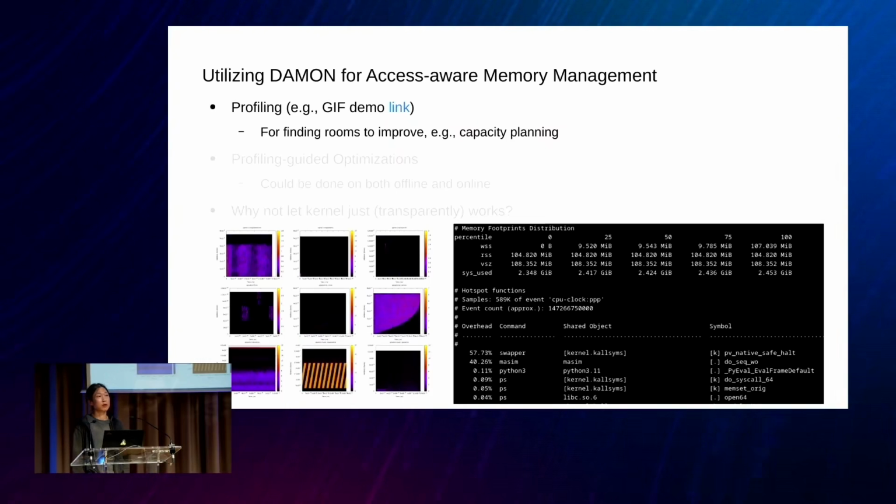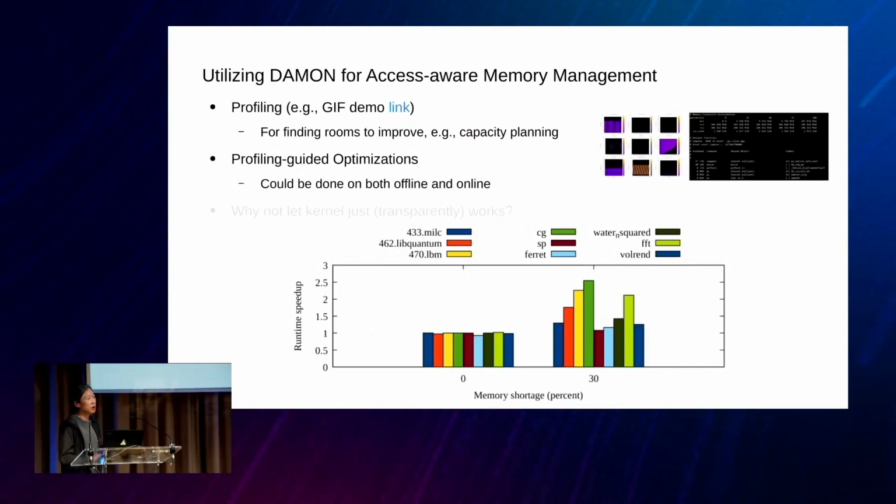What can you do? Like, what is the real working set size? Based on that, maybe you can modify the given size of the memory of the system or do some creative things. And also, you would be able to implement some kind of automated access-aware profiling-results-based optimizations in user space or somewhere that reads the monitoring results and then finds hot pages and then protects those with some kind of mlock system calls or using other madvise system calls, like backing that with huge pages or no huge pages.